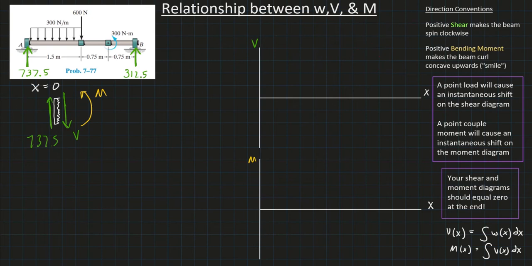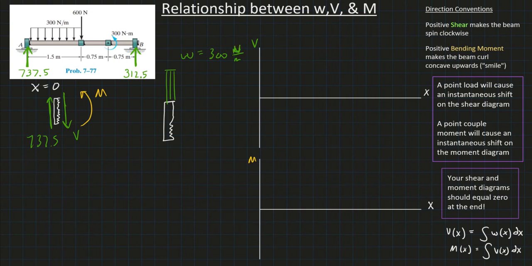Now you may be wondering, wait, why didn't I draw part of the rectangular load right here on my little FBD? And the reason for that is, well, technically it is. Technically. Here's our W equal to 300 Newton meters.